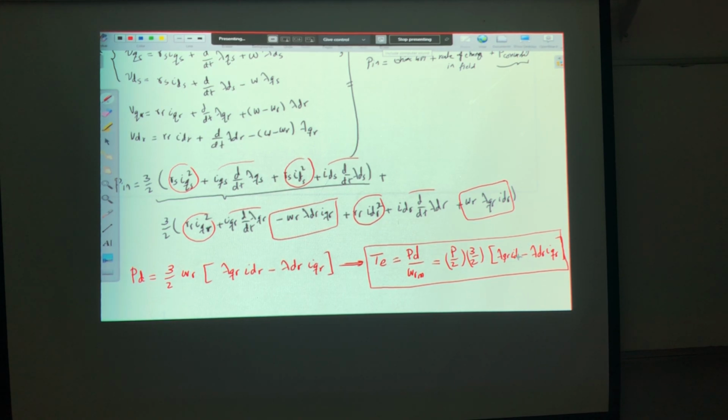Torque: omega r mechanical equals P over 2 times the electrical one, supposedly.